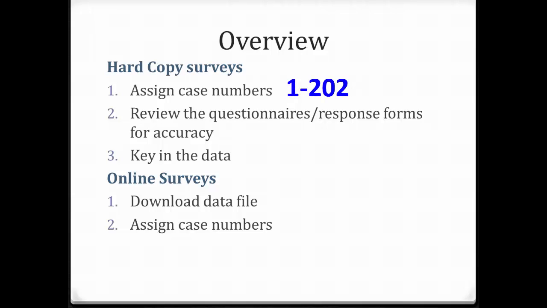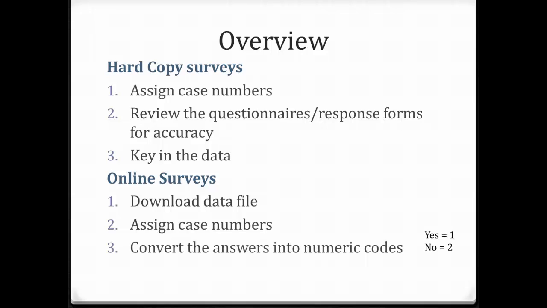Now, the case numbers don't have to continue on where the hard copy numbers left off. You may decide, for example, to start numbering the online survey data at case number 501. It's very likely that the data file from the online survey lists the actual answers in text rather than number form. So your next step would be to convert those answers into numeric codes. And we'll go over this later.